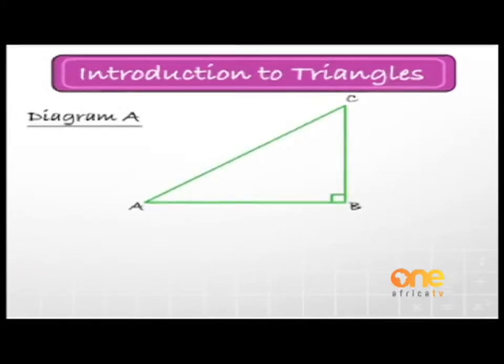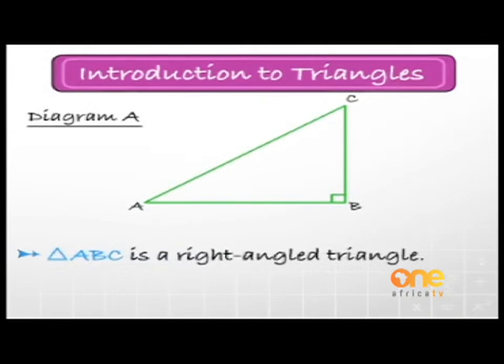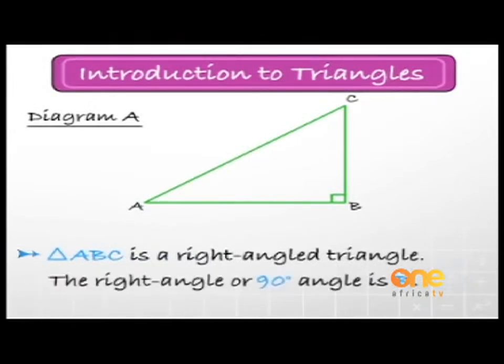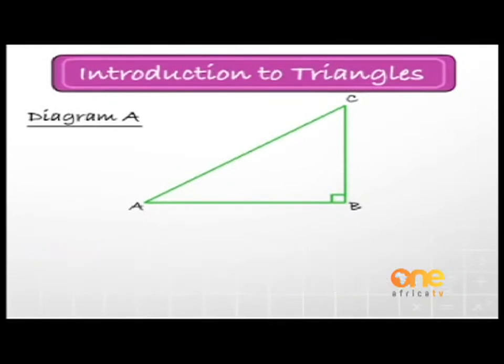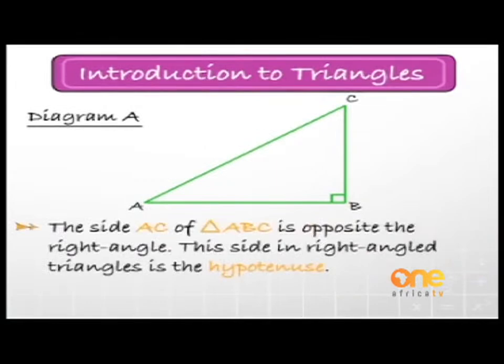In diagram A, triangle ABC is a right-angled triangle. It can be seen that the right angle, or the 90-degree angle, is angle B. Moreover, the side AC of triangle ABC is opposite the right angle, and it is this side in the right-angled triangle which we call the hypotenuse.